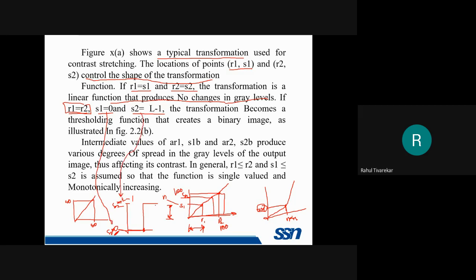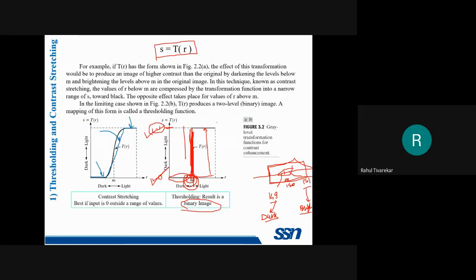So this way, if we have a graph, then what is this? This is basically what we have learned earlier. That is nothing but the thresholding operation. And we have already discussed that in previous slide.